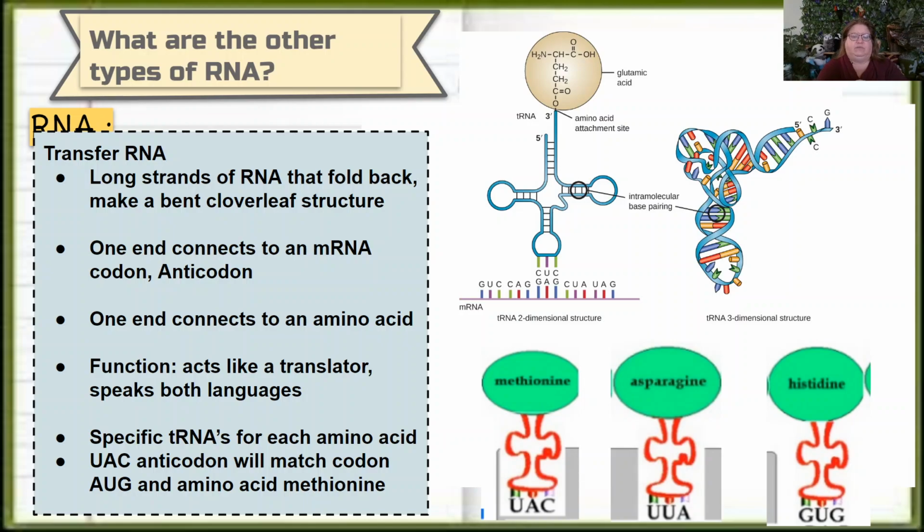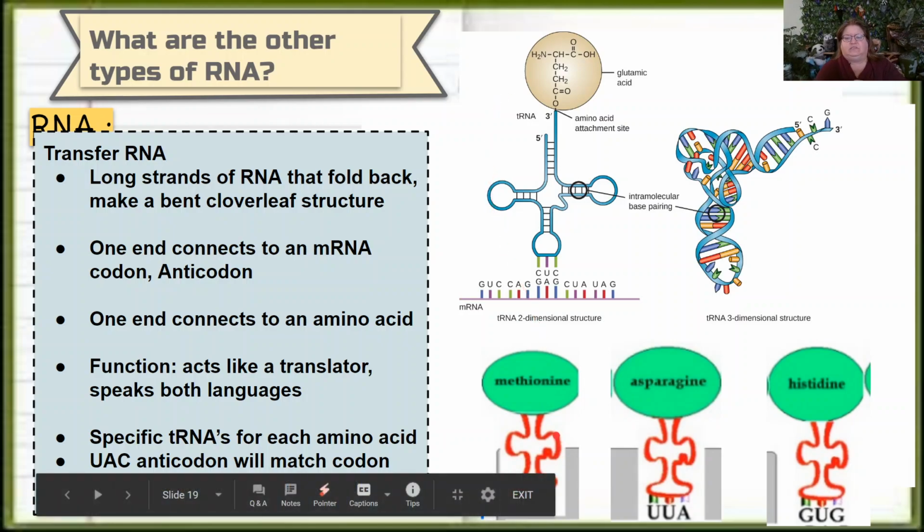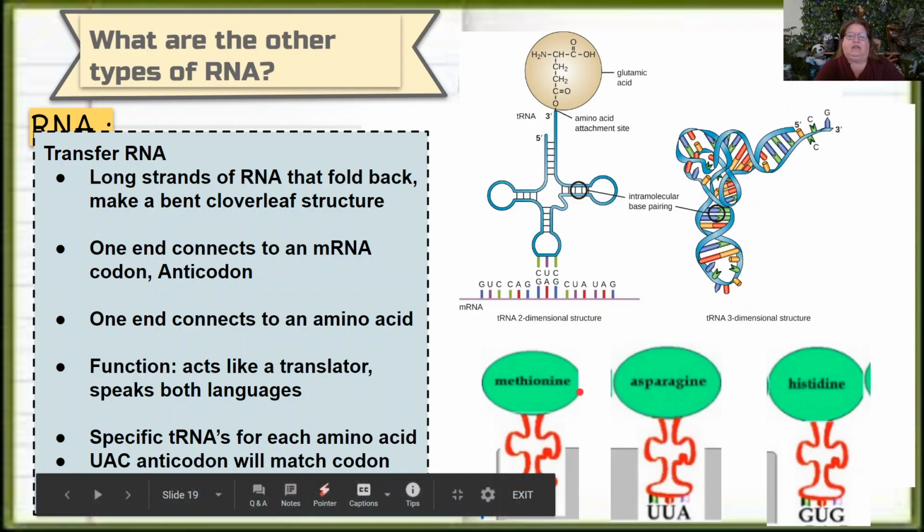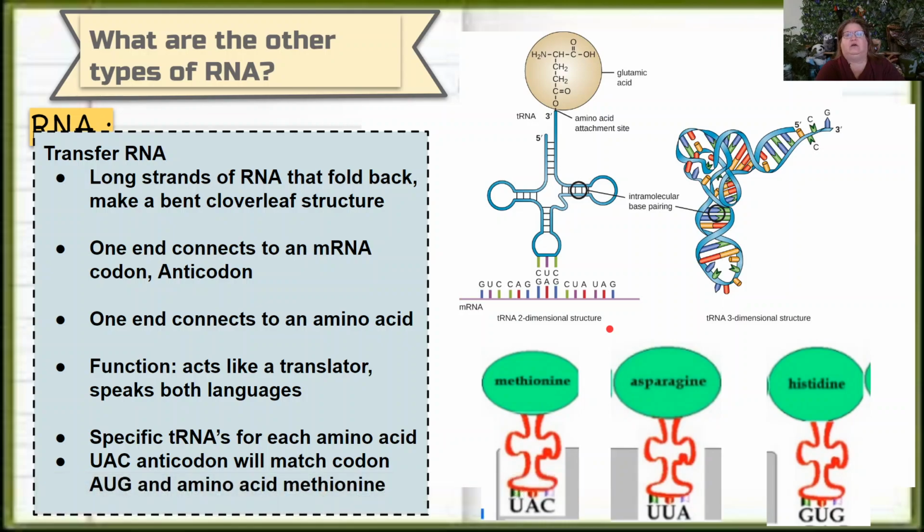So notice down at the bottom, we've got a tRNA that has an anticodon UAC, and that anticodon UAC will fit the codon AUG. And it's going to carry the amino acid methionine.